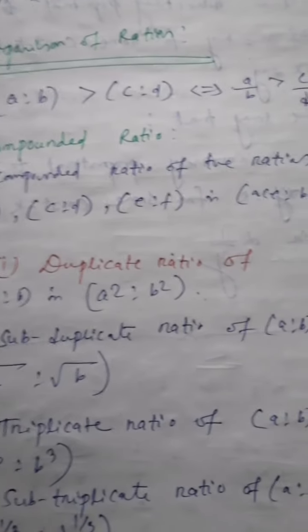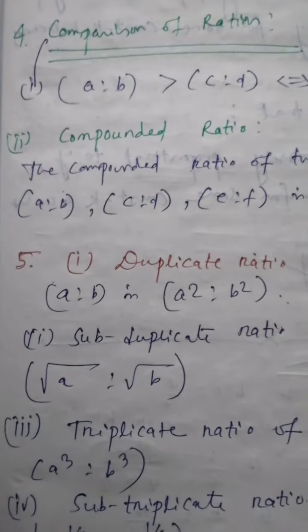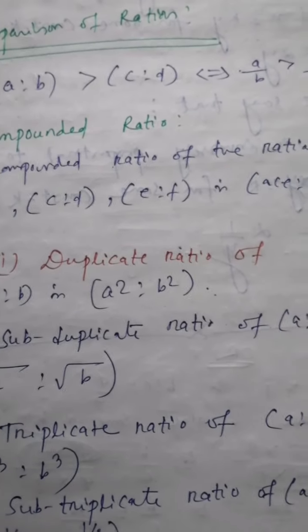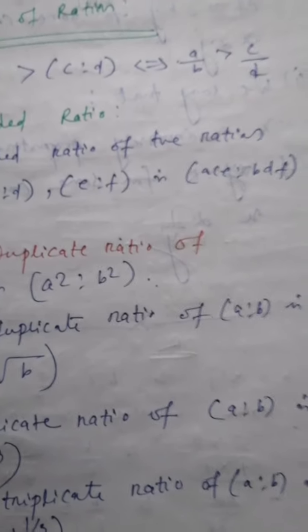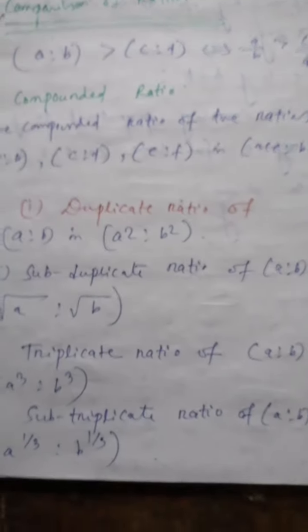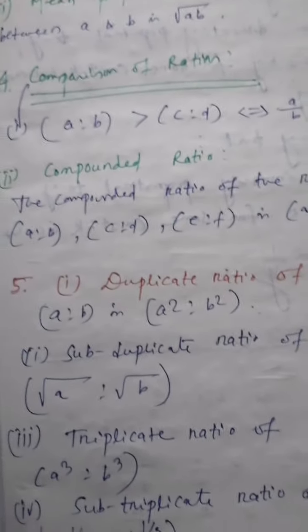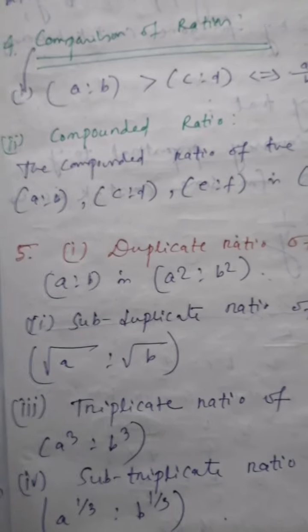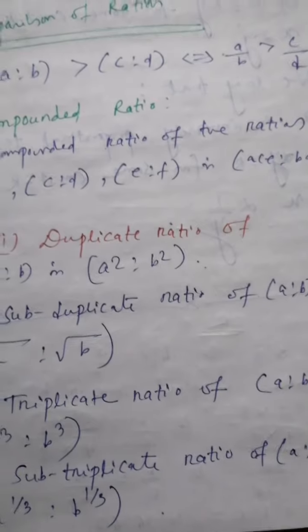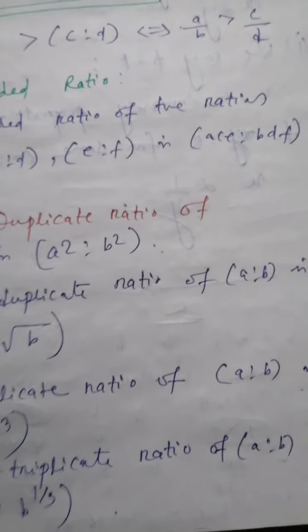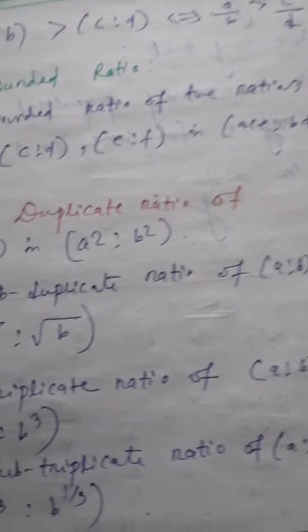The compounded ratio of the ratios A is to B, C is to D, E is to F is ACE is to BDF. So you can say that the compounded ratio is the combination of first terms is to the combination of second terms. Fine.